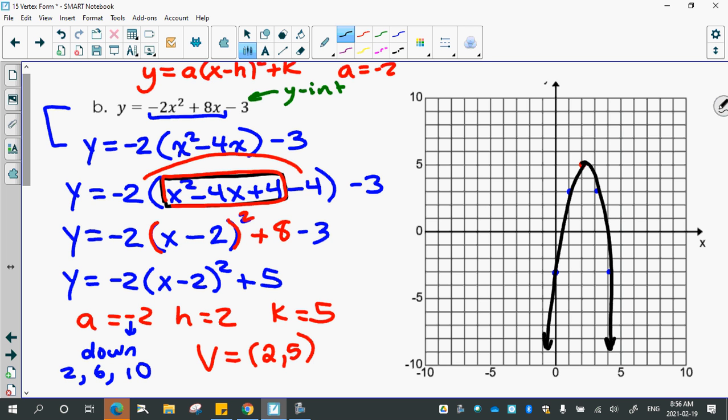And this one has a highest point or a maximum value. So it has a maximum value of 5. And again, that 5 is the y-coordinate of the vertex, the k value, okay?